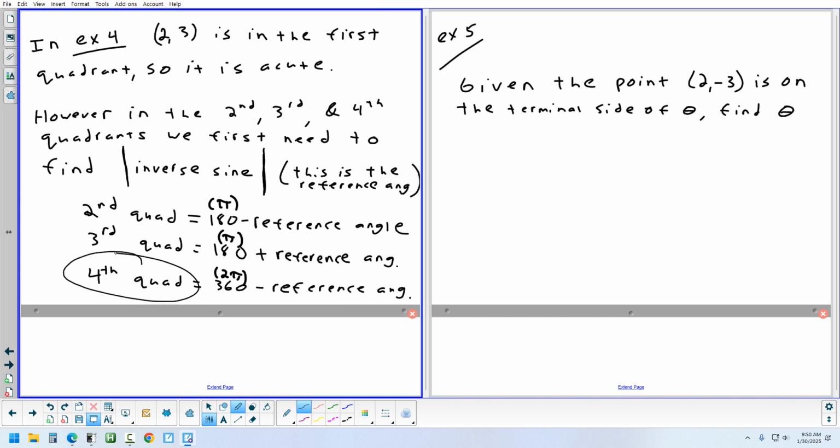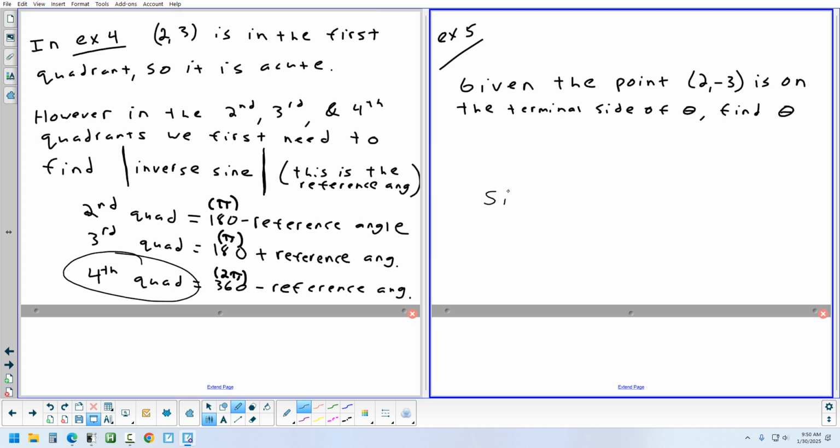So we're going to find our reference angle by using the inverse sine. Because it's a reference angle, it has to be positive. Okay, reference angles are always positive. Let me show you how you can set it up.